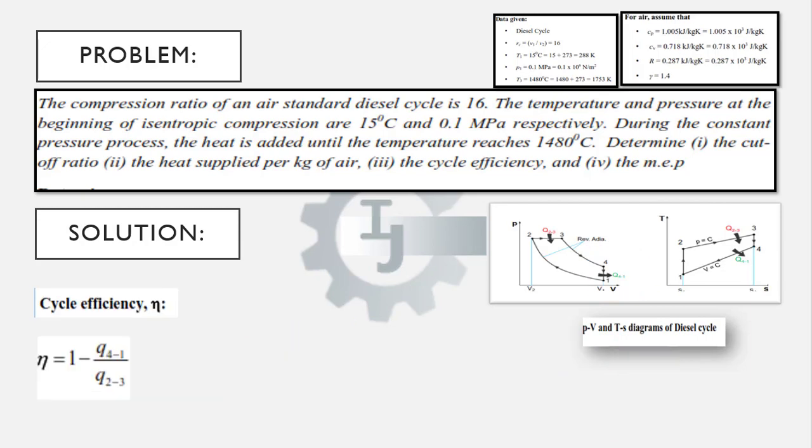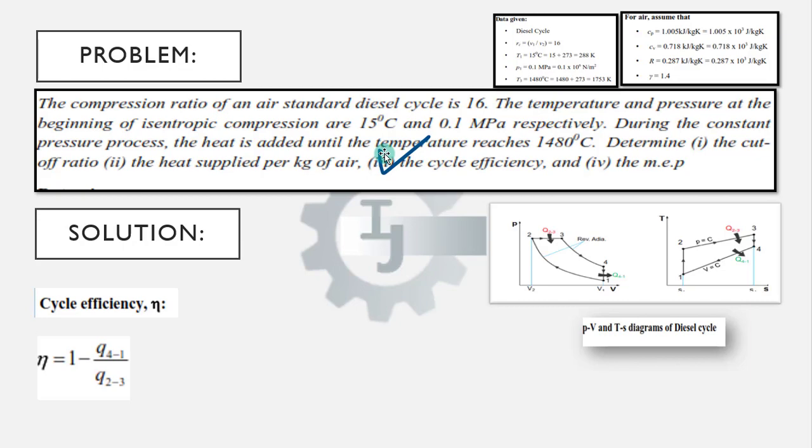Now we have to determine what is the cycle efficiency. Cycle efficiency is eta. Eta equals 1 minus heat rejected divided by heat supplied.